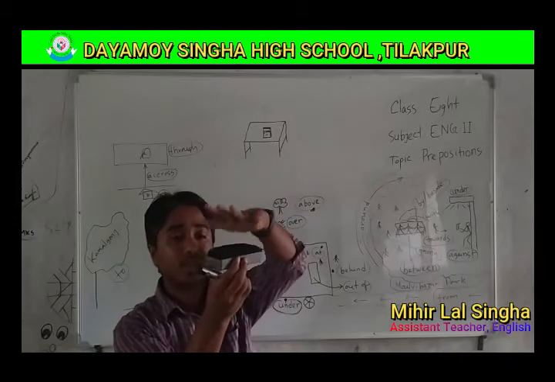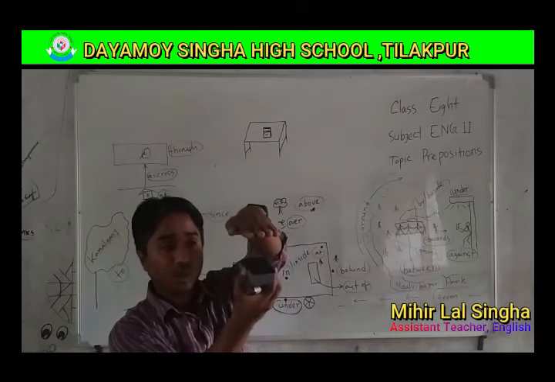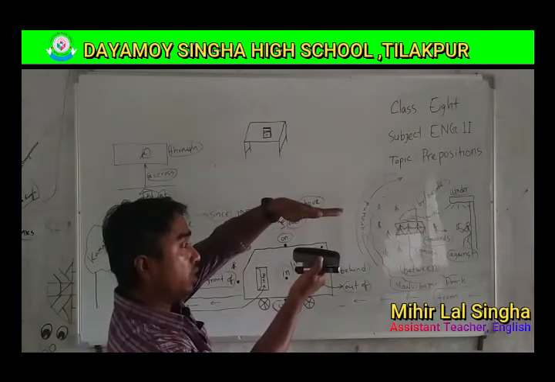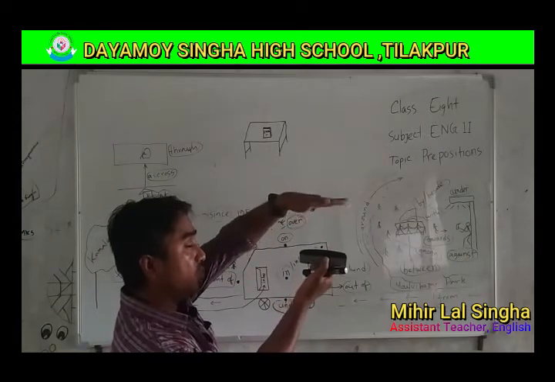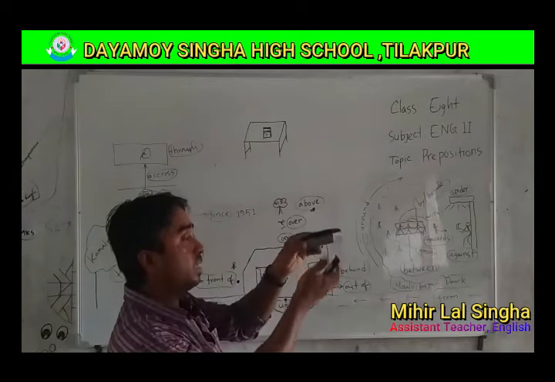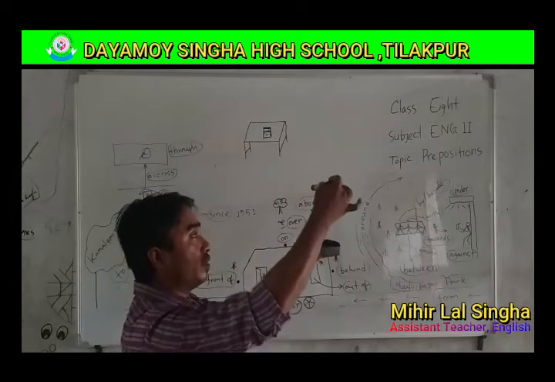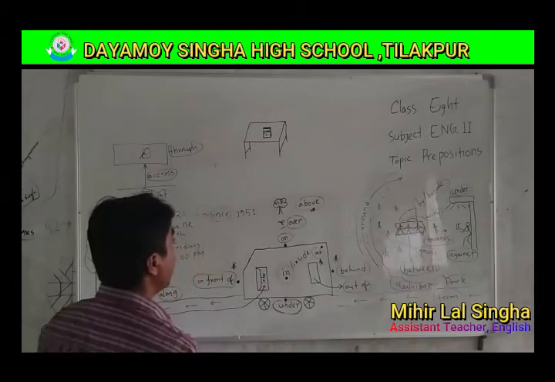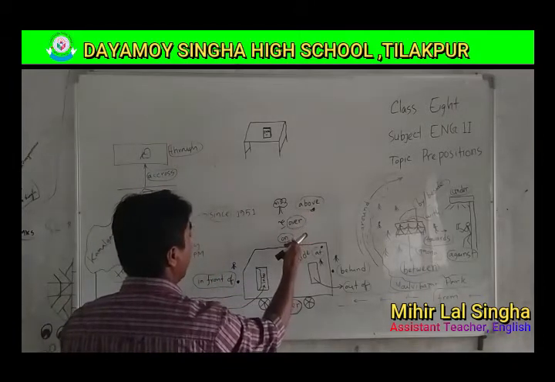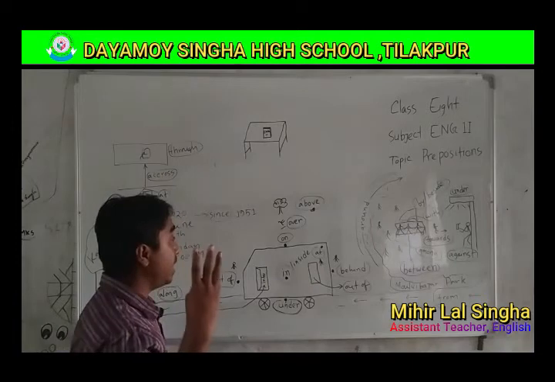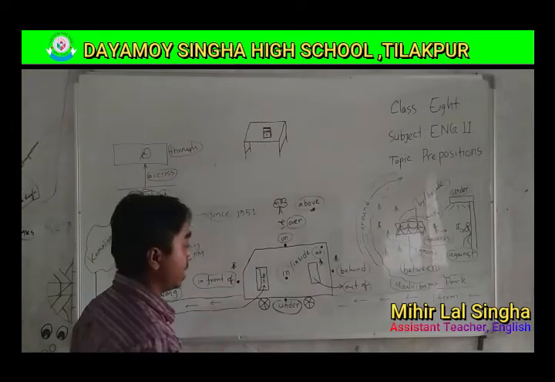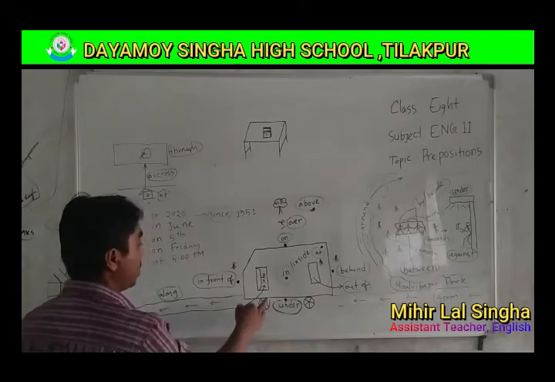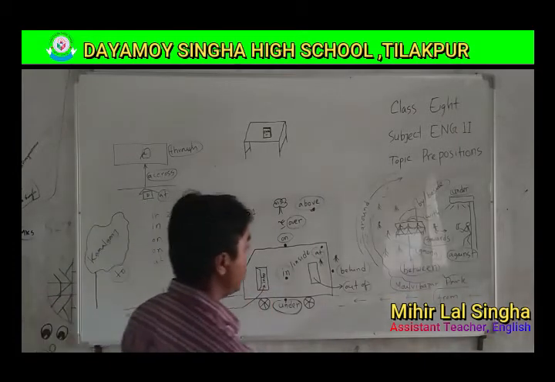Okay, if it covers, then we can use over, and if there is a movement, we can use over. But if it doesn't cover, then we have to use above, and there is no movement. Okay, above, over, on. So these three prepositions are correlated. All right. So we are done with the picture of the car, I hope.